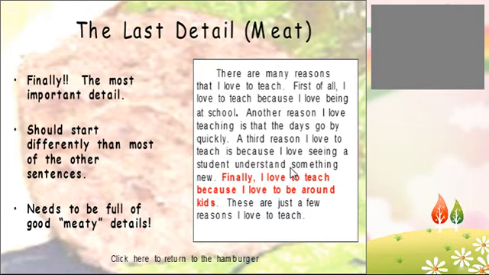The reader may forget about the first or second detail, and what remains in his or her mind is the last detail. So to give a better impression of your writing, keep the most important supporting detail at the end of your paragraph.